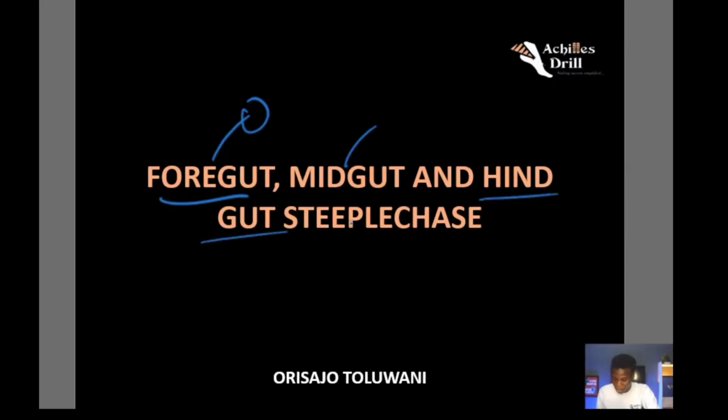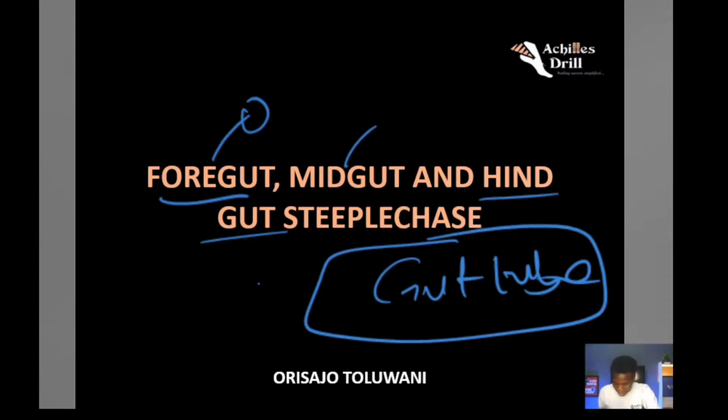And then from the hindgut, you have the distal part of the colon, the large intestine, being a derivative of it. And all those different structures are collectively a part of the gut tube. We just want to take them one by one and emphasize the ones that are common areas for your steeplechase exam.